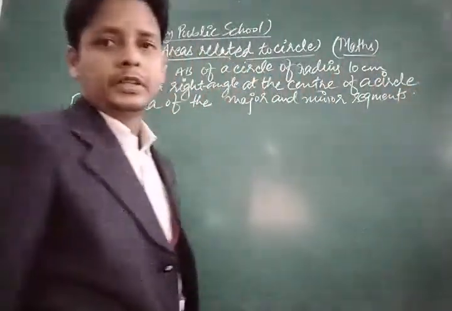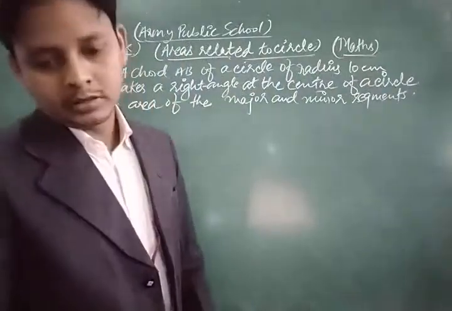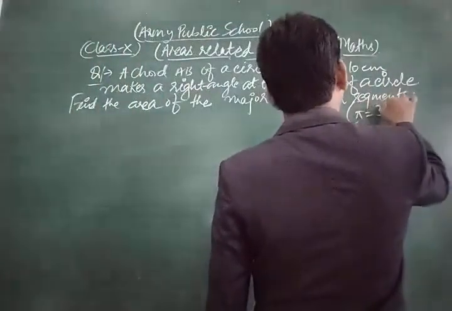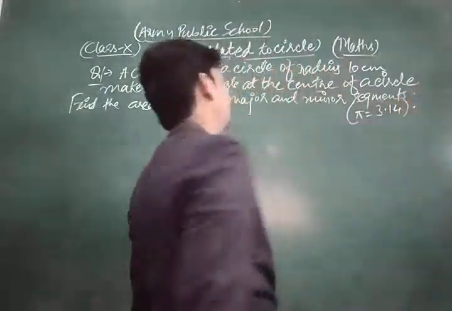Find the area of the major and minor segments, and take the value of pi as 3.14.